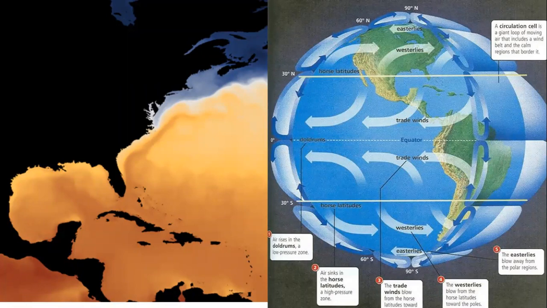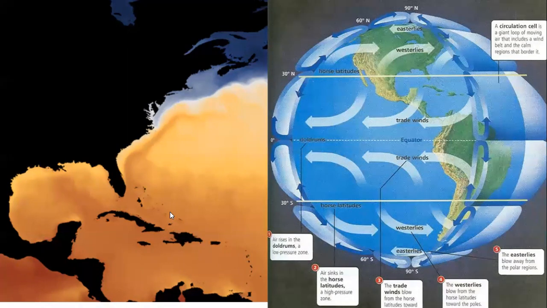Now, at the surface, the warmest ocean waters are at the equator because that's where we receive the most direct sunlight. And when these global surface winds move across the surface of the water, they put the surface currents into motion. So for example, in the northern hemisphere, the westerlies, they move the warm water from the Gulf of Mexico toward the cold polar waters at the North Pole along a surface current called the Gulf Stream.